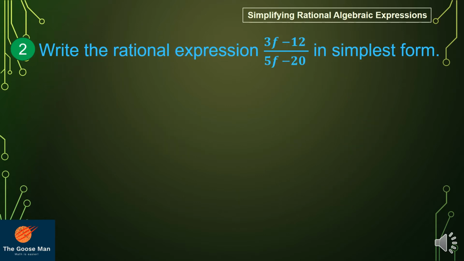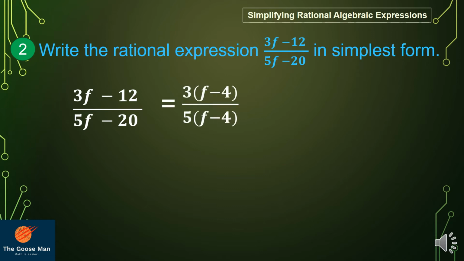Okay, let's have another example. Write the rational expression 3f minus 12 all over 5f minus 20 in simplest form. Again, we will find the factors of 3f minus 12 using the greatest common factor. We have 3 as the greatest common factor between 3 and 12. So to get this, 3 times f minus 4: 3f divided by 3 is equal to f, and 12 divided by 3 will give us 4.